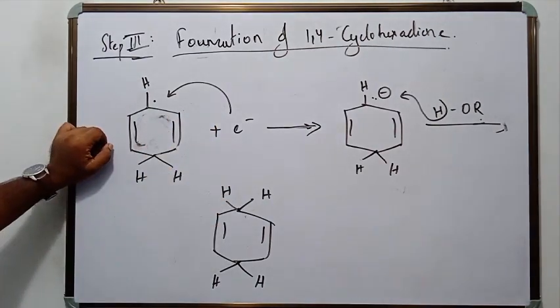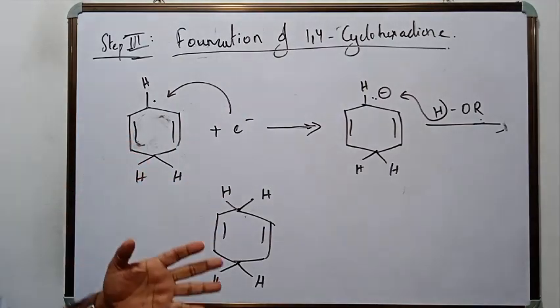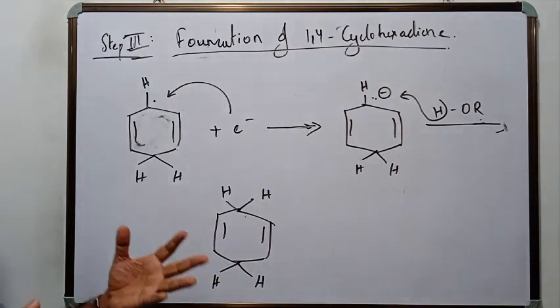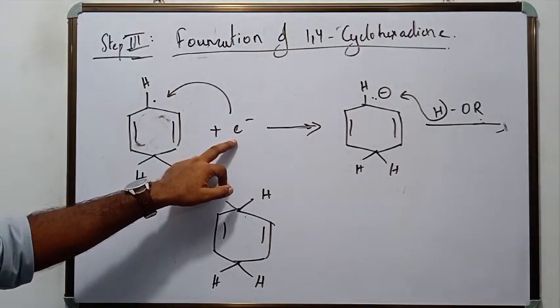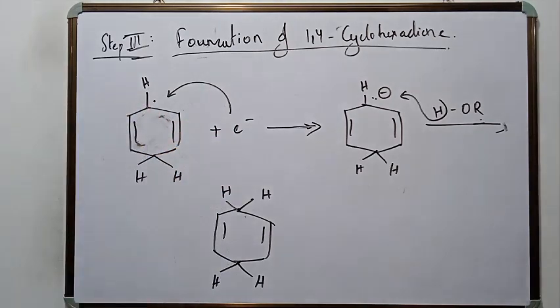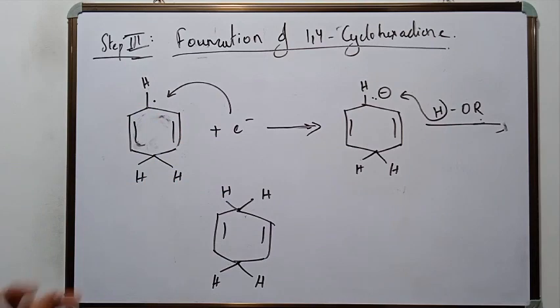Now what is happening here? Another electron gets dissociated from the loose attractions, the loose solvation effects of ammonia. Another electron dissociates, and that electron now tries to attack a carbon atom. Now the question is, which carbon atom would it attack?